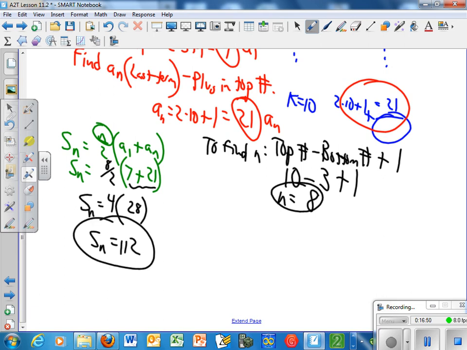Now, if I would have kept doing it the longhand way like I started out and added them all up, that's what I would have gotten. But sometimes you might be going from 3, for instance, up to 150. You would never want to write out 150 terms and substitute in for k 150 times. This is the shortcut method to find the sum in sigma notation, and you need to know this.